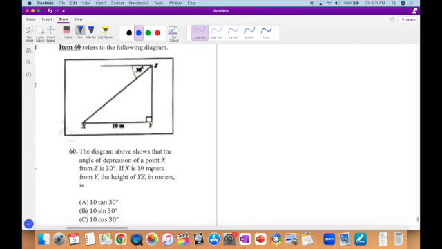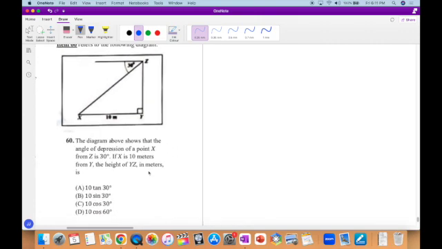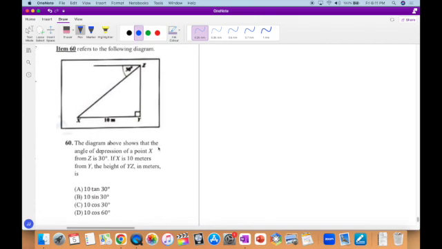And then lastly, refers to the following diagram. The diagram above shows that the angle of depression of a point X from Z is 30 degrees. If X is 10 meters from Y, the height of YZ in meters is.